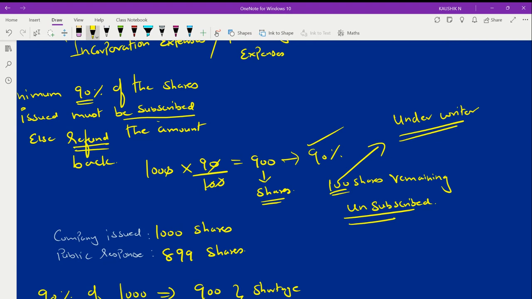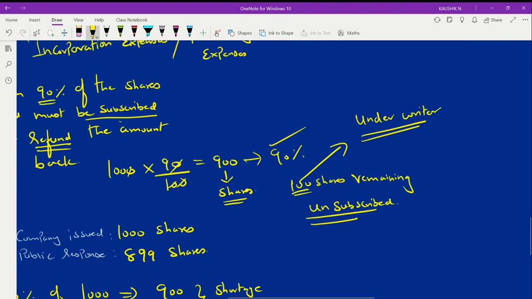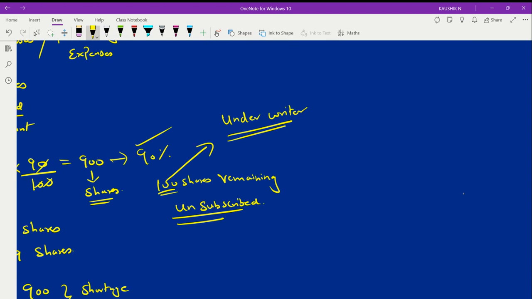The underwriters can be an individual, a body corporate, or a company who will take up the responsibility for the shares unsubscribed by the public. And for this, the underwriters will be charging something called commission.